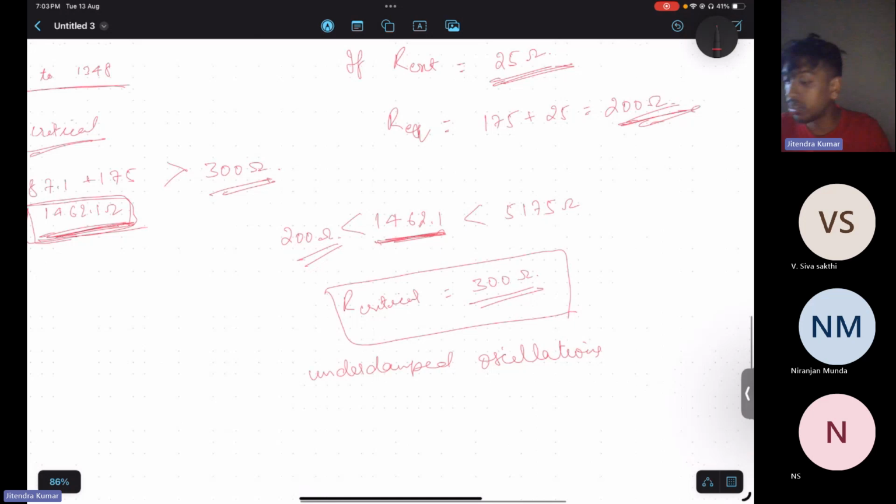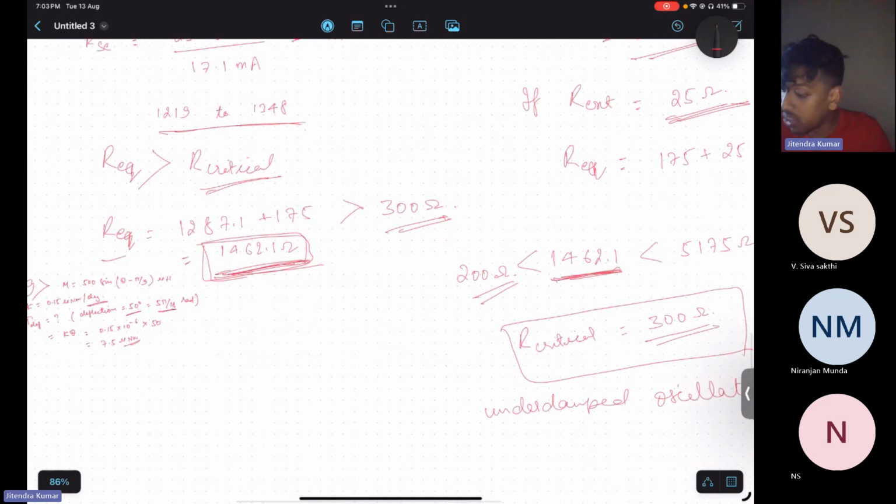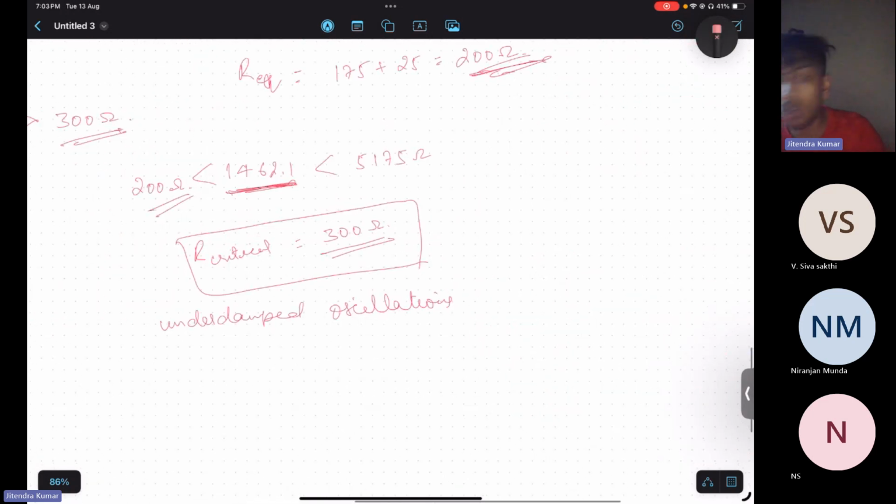Your critical resistance will be same, and your equivalent resistance will be same. So that concludes it is independent of the external circuit. If you are still confused, I can clarify it further, but the external resistance will have no role in deciding the oscillation, because critical resistance is already fixed for this voltmeter.